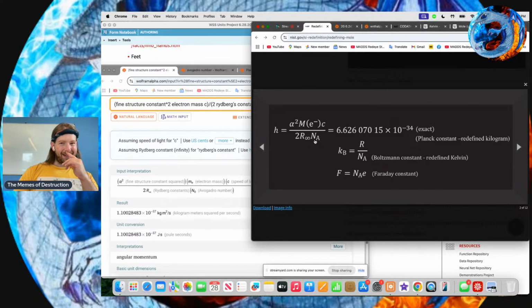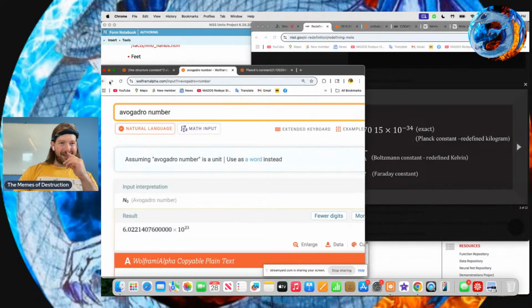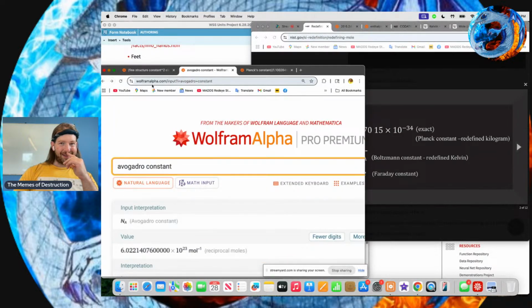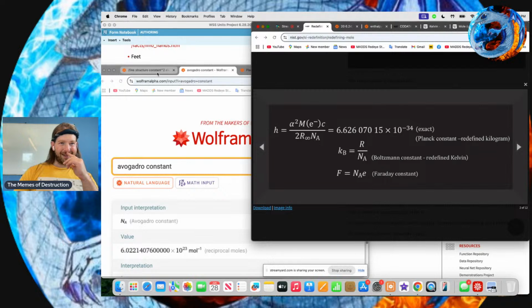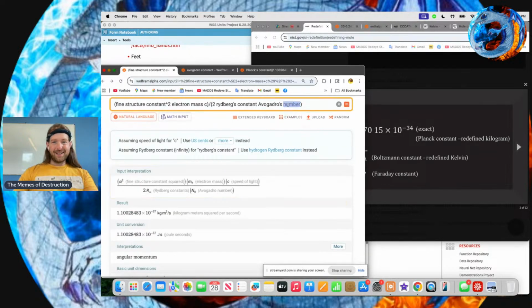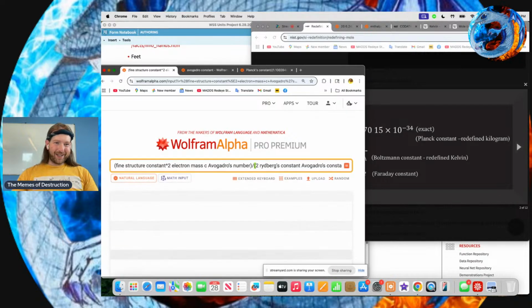Okay, so that's Avogadro's constant, and then that should be Avogadro's number. Okay. So Avogadro constant in the denominator, and Avogadro's number in the numerator. I mean, this is kind of seeming like a loopy definition. Avogadro's number. Okay, and then we should get Planck's constant.